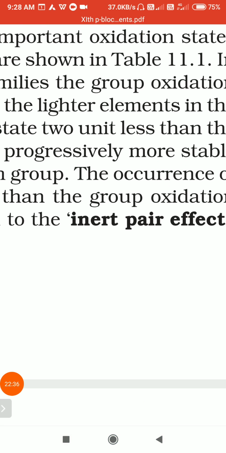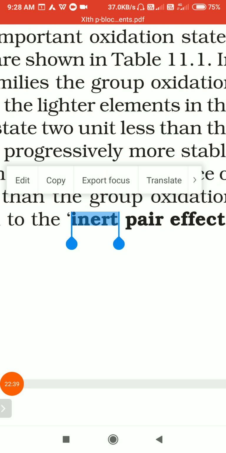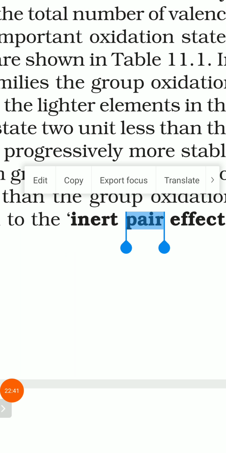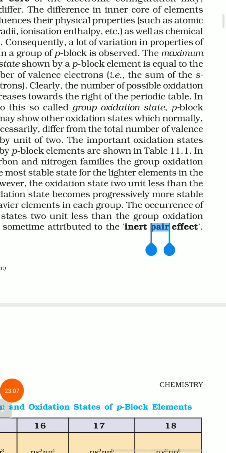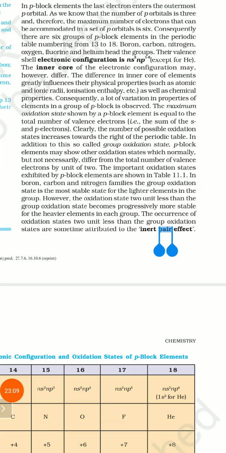Keep this in mind: inert is nothing but stable, and pair is nothing but 2 electrons. So in p block elements with the electronic configuration ns2 np1 to 6, the ns orbital does not participate in chemical reactions; only the electrons in the p subshell participate.